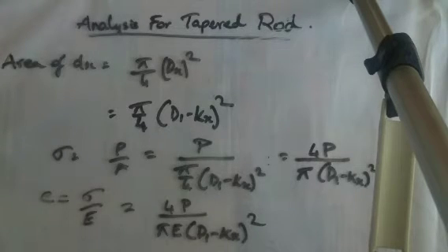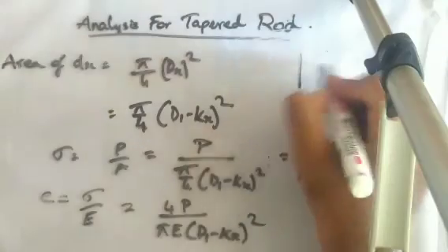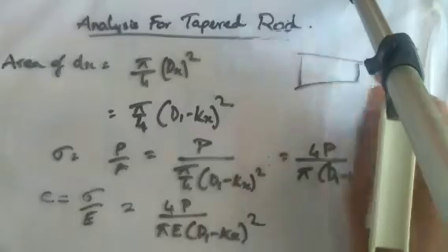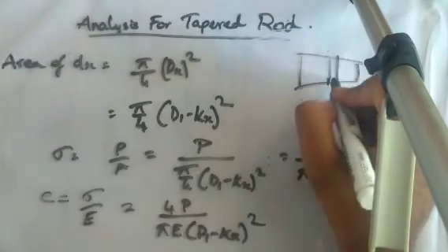Then what is the strain of the length dx? If there is strain in the whole tapered rod, there will be strain in this particular portion also.